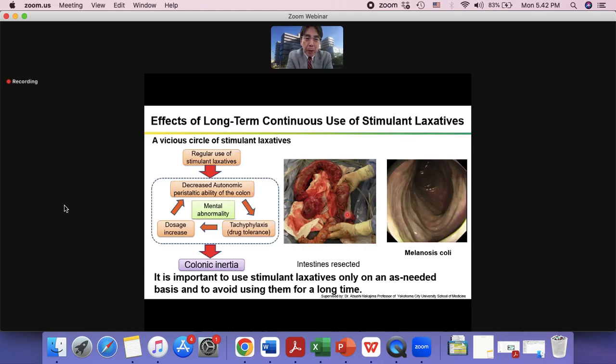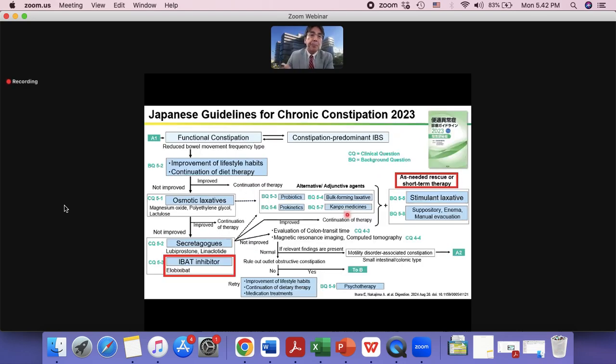So it is important to use stimulant laxatives only on an as-needed basis, and to avoid using them for a long time. This is recommended by the Japanese guideline as well as by the American guideline.